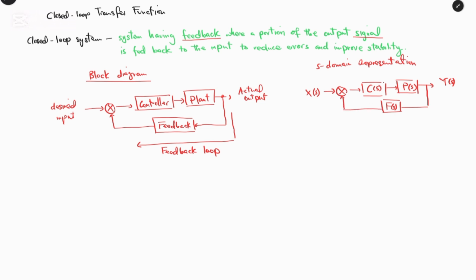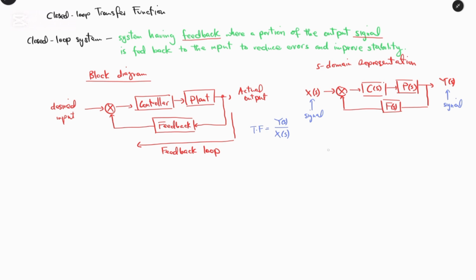And in this system, if we are to derive the transfer function, the transfer function is equal to Y of S over X of S. From the definition, the output signal will be fed back to the input. And remember that X of S is a signal, and Y of S is also a signal. That means this signal is responsible for enabling the controller to adjust the working of the plant.